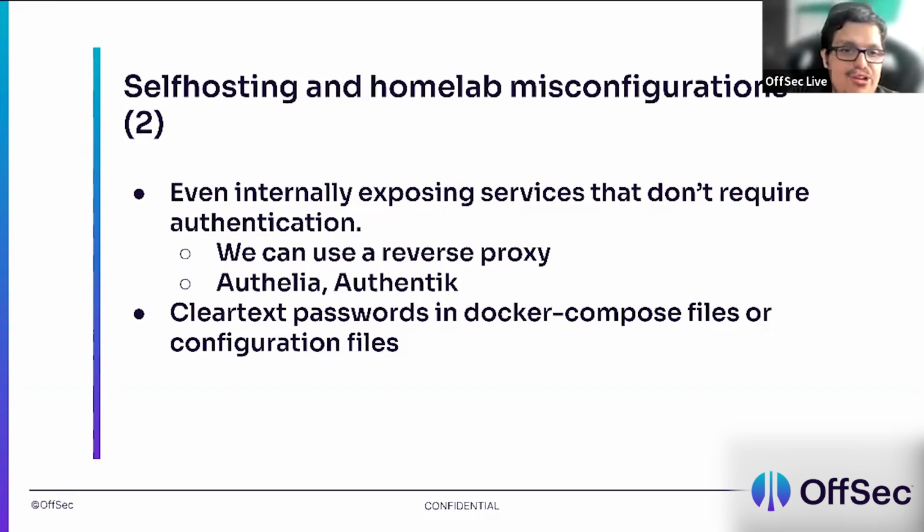We can add, for example, basic HTTP authentication, so that even if our service is completely open, we are required to authenticate before accessing it. To do that, we can use Authelia, we can use Authentik. There are many options there. Personally, I've used Authelia and I've had good results.